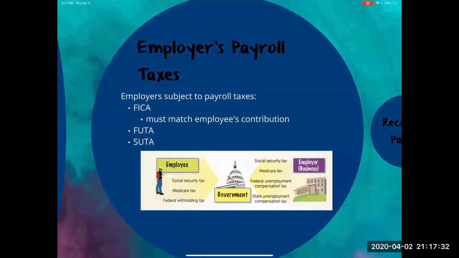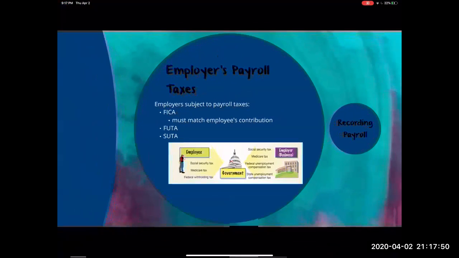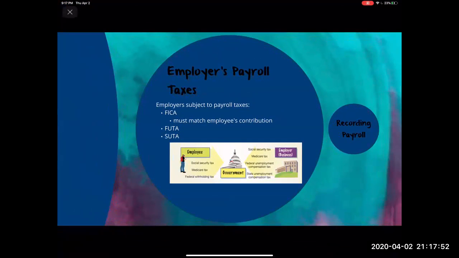And then the employer or business is also subject to Social Security tax and Medicare in the exact amount that the employee pays. But in addition to that, they must pay federal unemployment, which is FUTA, and SUTA, which is the state unemployment tax, okay?